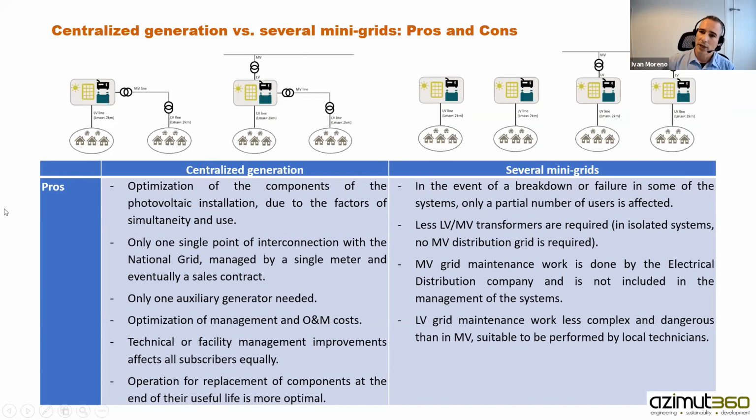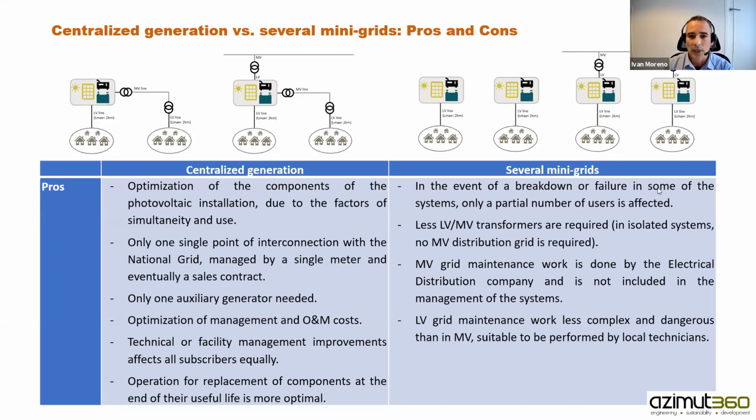And on the other hand, we have the isolated mini grids that could also be interconnected to the utility if there is an existing one, or isolated, and with their own auxiliary systems, like gensets, as we've seen.